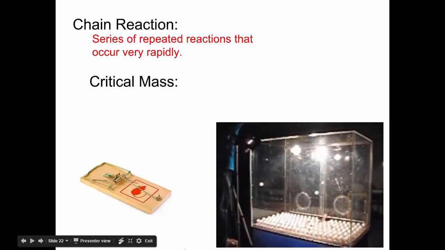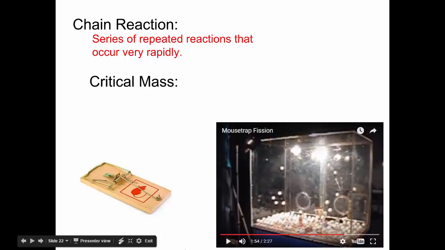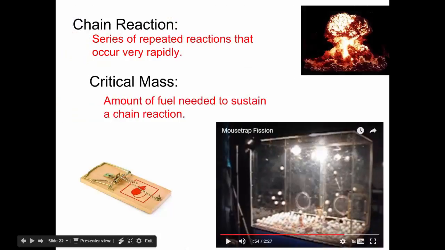It takes a certain amount of the fuel source to reach a critical mass to continue this reaction and allow it to be self-sustaining. And so without that critical mass of atoms, the chain reaction is not sustained, does not continue.